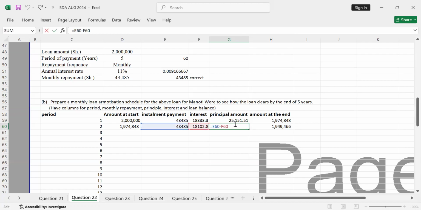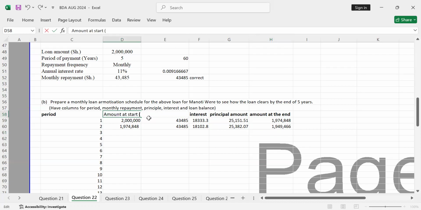This one I've said is just from here. Is equals the installment payment, you minus the interest. Once you do that, you can get the amount at the end is equals amount at the start, you minus the principal payment. And let me just write it here for you to make it clear.